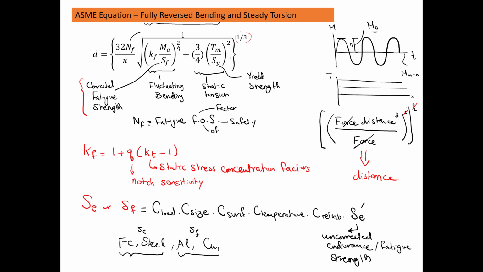Now, where's the challenge here? If you recall, C size, from its name, is the correction factor for the size. So let's say we're doing the English units, it's 0.869 d to the negative 0.097 if it's under bending, for example. Because if it's under fluctuating axial load, then C size is just simply equal to 1.